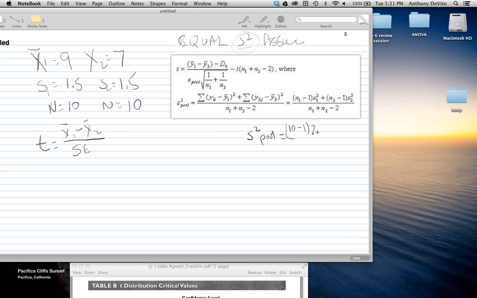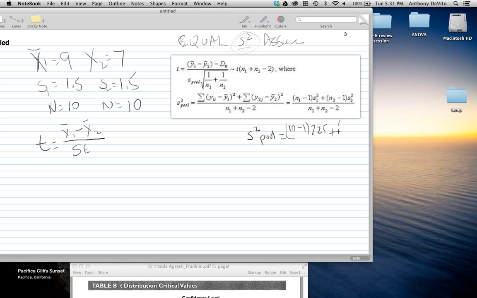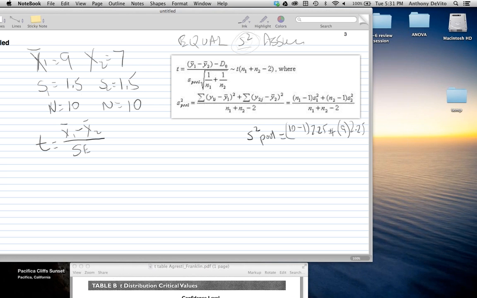So this is times 2.25, plus n2 minus 1, that's also 9 since the sample size happened to be 10. So that's also going to be 9 times 2.25, because s2 squared is the same. It won't always be exactly the same, it might be slightly different, but you get the idea. Divided by n1 plus n2 minus 2, and that's 18.